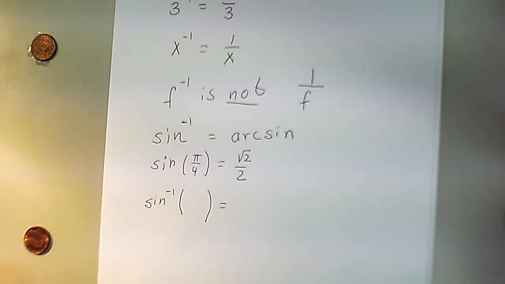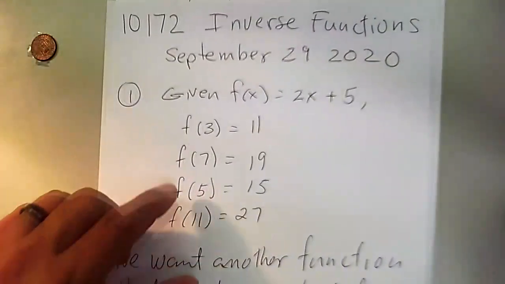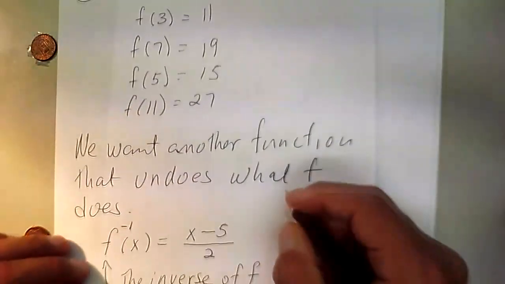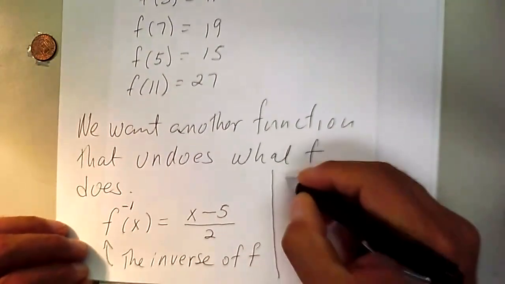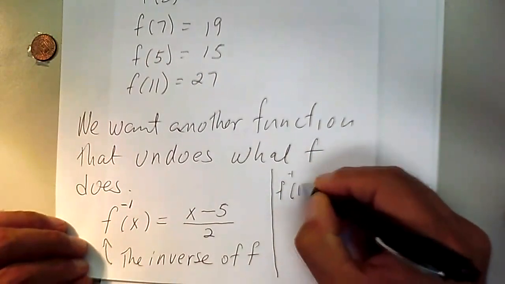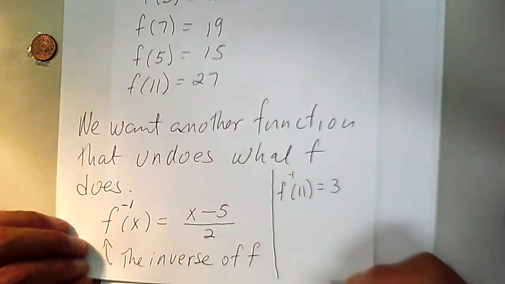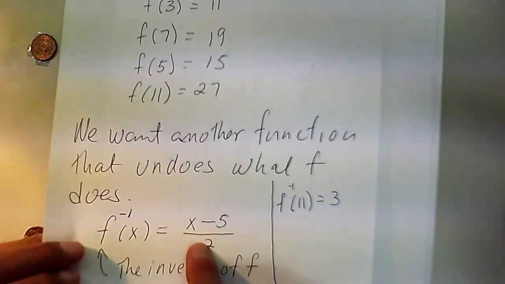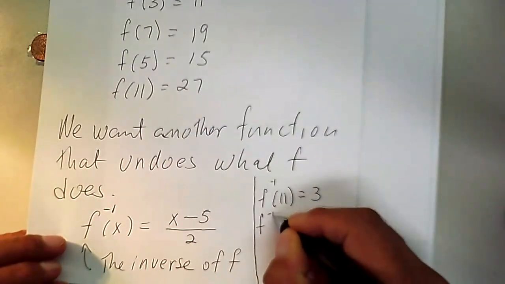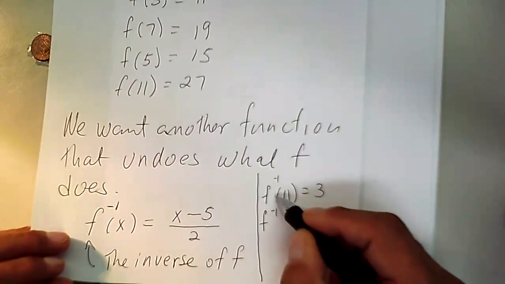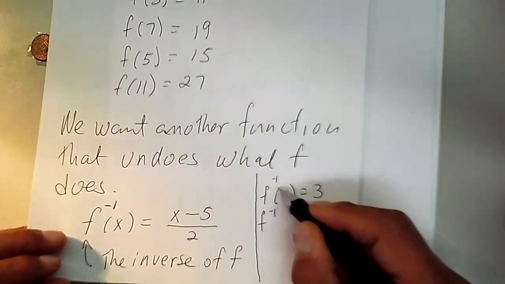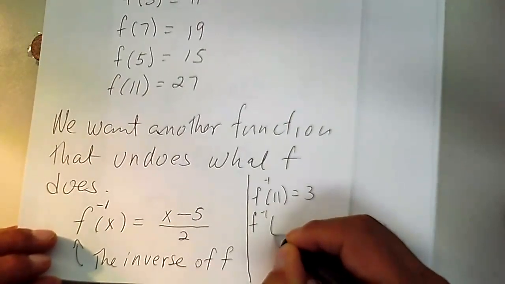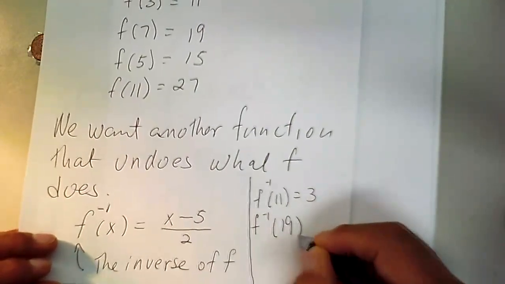Now, let's go back to this. If f of 3 equals 11, I didn't put this down here, but let's write this down over here. The inverse of 11 has to be 3. And we did that earlier in this video. The inverse function of 11 is 3. The inverse function of 19 will be 7.